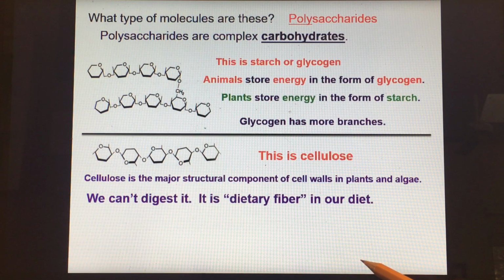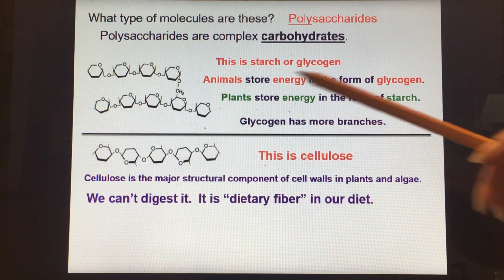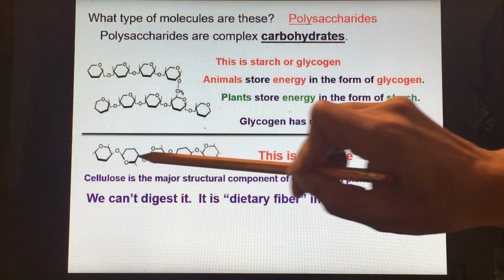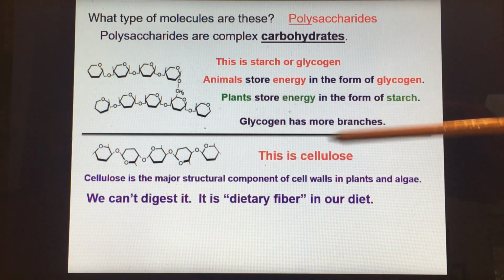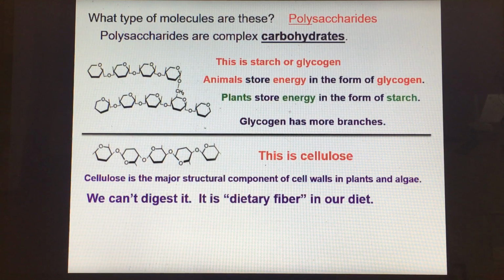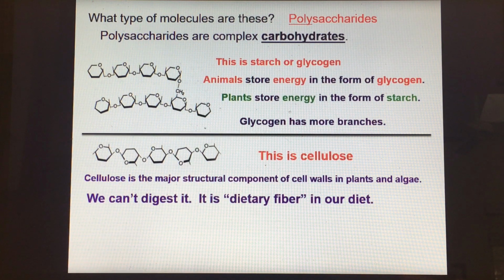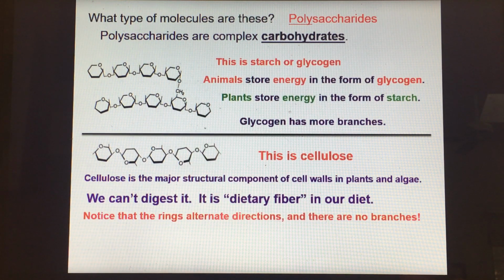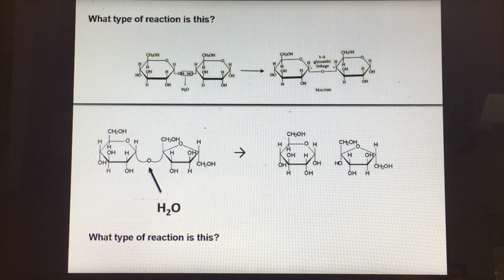The termites can't digest cellulose, but the single-celled protozoans that live in their gut can. That's the mutualistic relationship, because the cellulose is broken down into glucose so that the insect can get some energy from it, and the insects bring a constant supply of energy to those protozoans by eating the wood. So the rings alternate direction and there are no branches in cellulose.